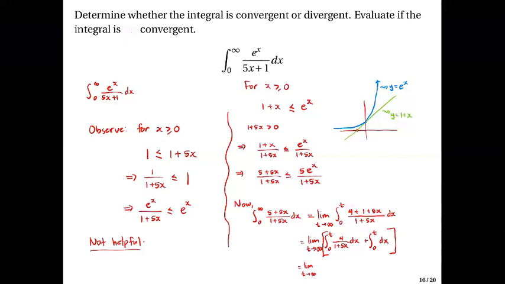For the first guy, we have 4 ln absolute value of 1 plus 5x over 5, evaluated 0 to t. And for the other guy, it's just x evaluated 0 to t.